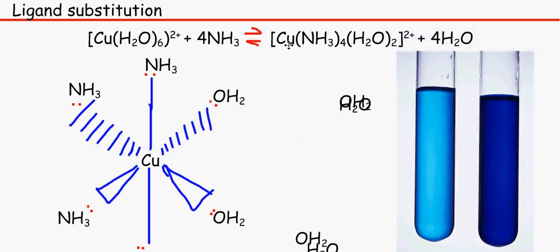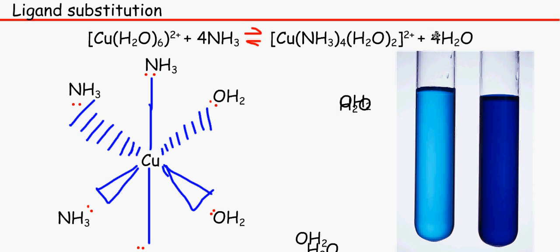Another way to write it is [Cu(NH3)4(H2O)2]2+. This basically tells us that there are four ammonia molecules and there are two water molecules. Seeing as ammonia is neutral and so is water, the overall charge does stay the same.